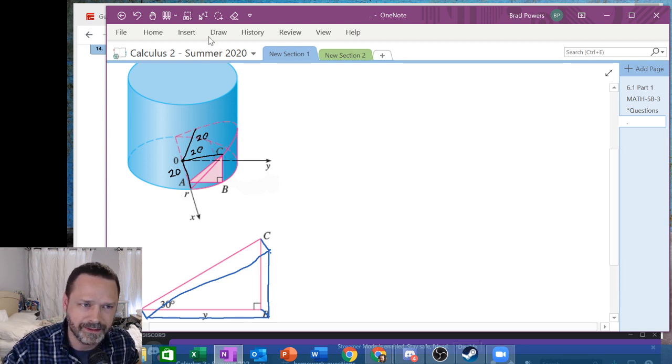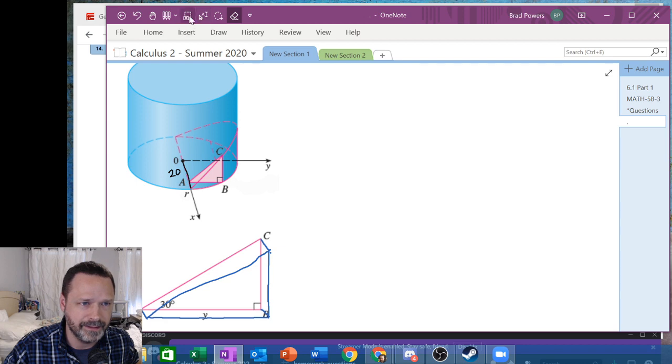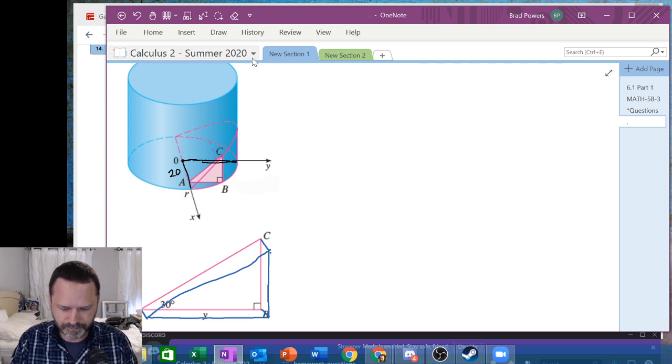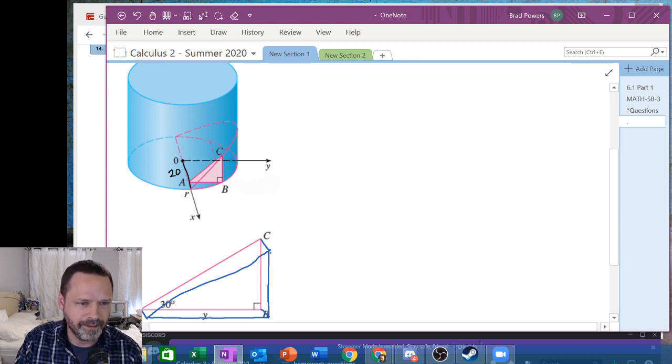Why that is not true is really easy to see if you think about it like this. We are given this distance here, right there. We're given that that's 20 for sure, the base of this, the radius is 20.